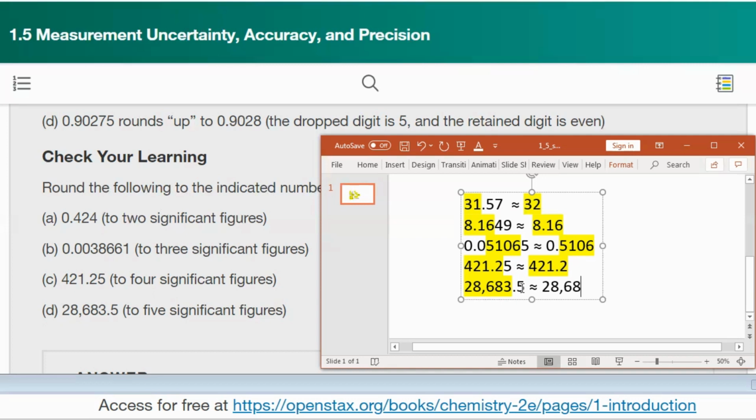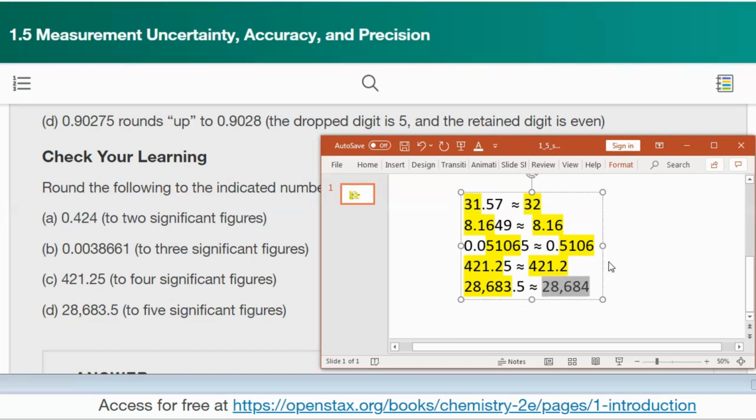Since it has no non-zero numbers after it, we either round up or down, but we want to round in a way that we get an even number. If we rounded down, we would get an odd number. If we rounded up, we would get an even number, and we want an even number.